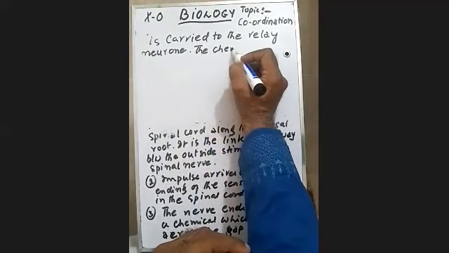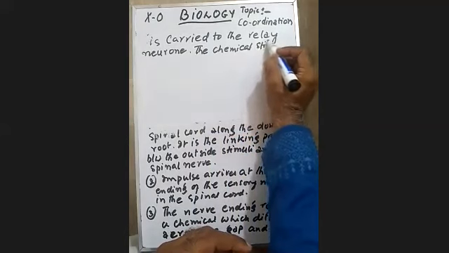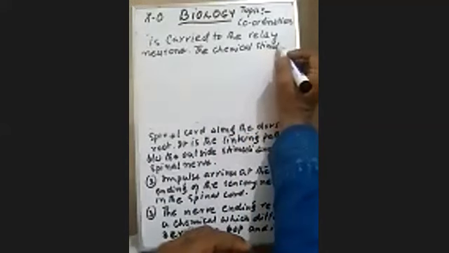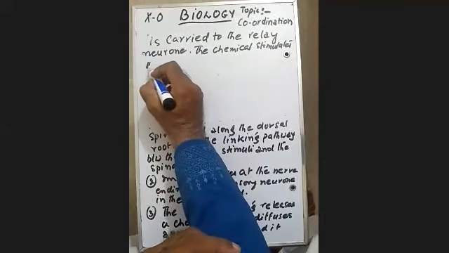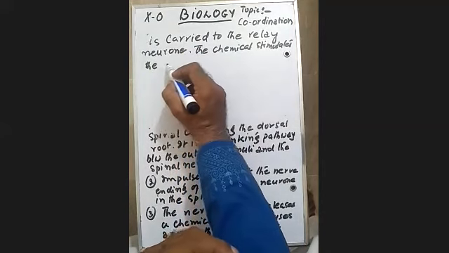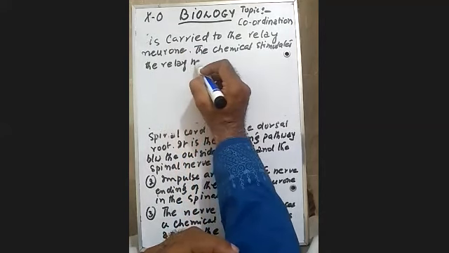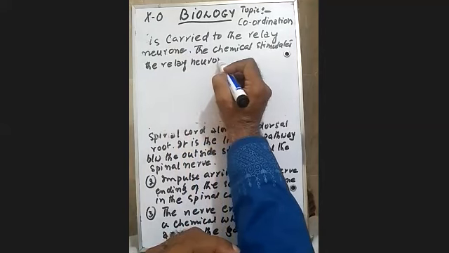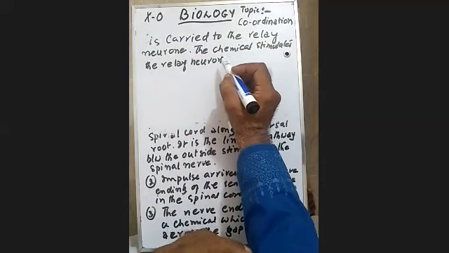The chemical stimulates the relay neuron to produce an impulse.